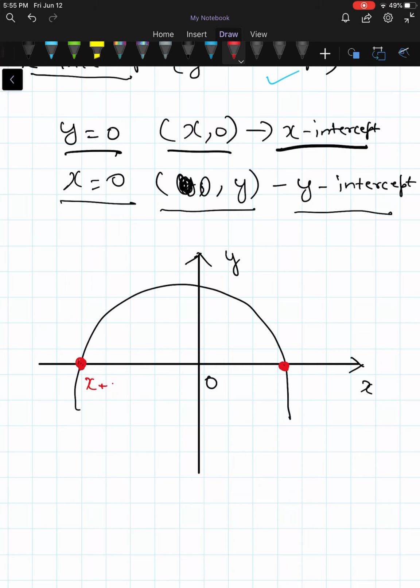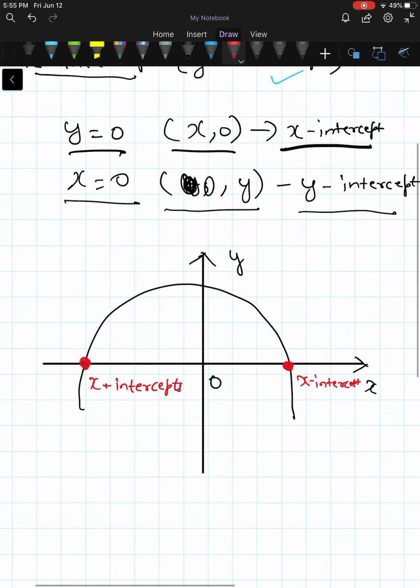So this would be the x-intercept. There are two x-intercepts, and here is the point where the graph is intersecting the y-axis. So this would be the y-intercept. Clearly you can see that at this position x is equal to 0, and at these two positions y is equal to 0, and x can take different values.